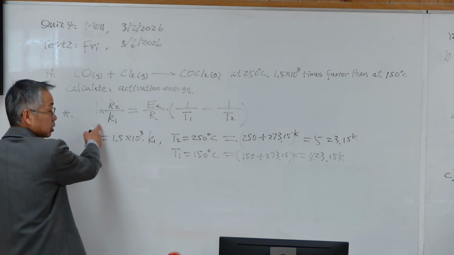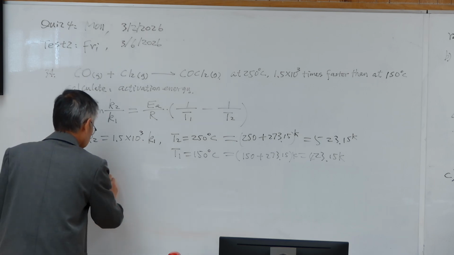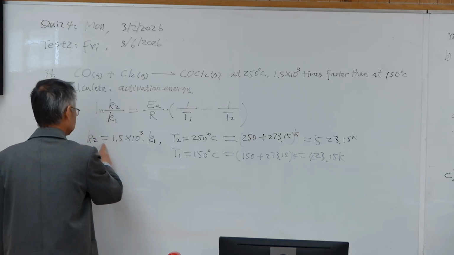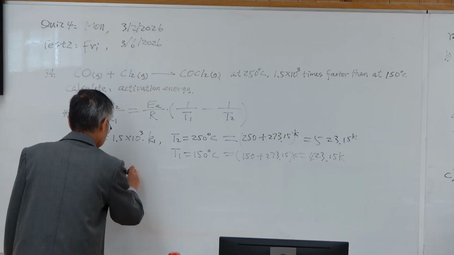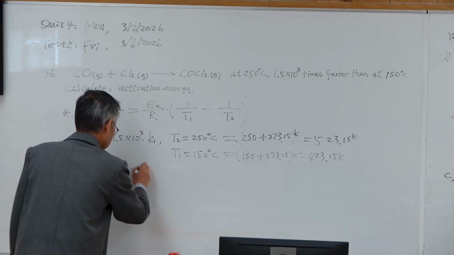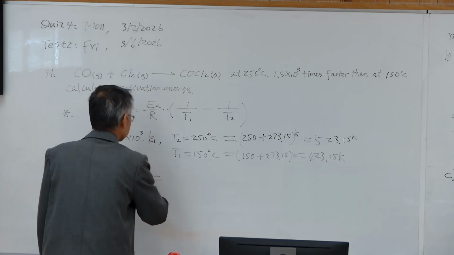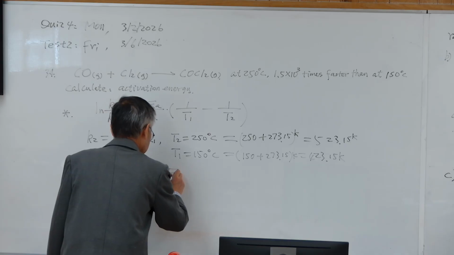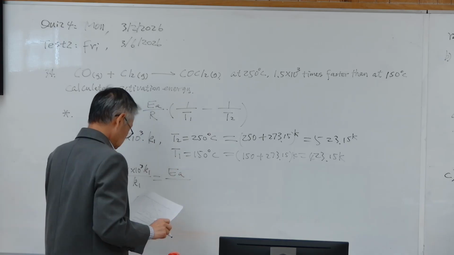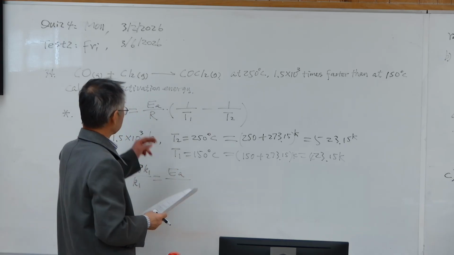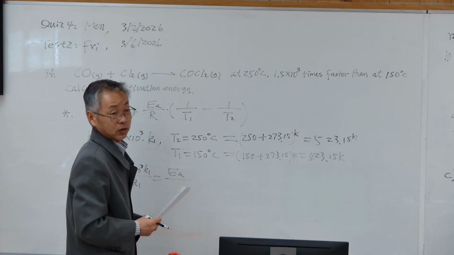Now just plug into this formula. So log K2 over K1, where K2 is 1.5 times 10 to the third power K1, over K1. So K1 will be cancelled. Then EA over the gas constant. During the test, I will tell you the gas constant, don't worry.